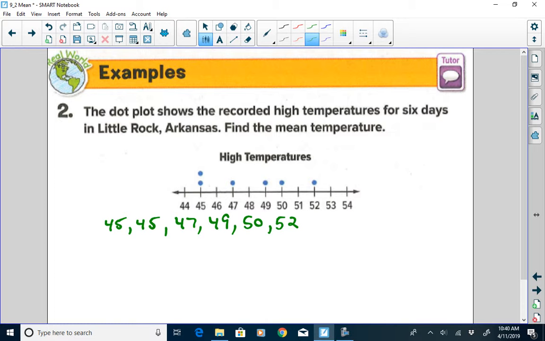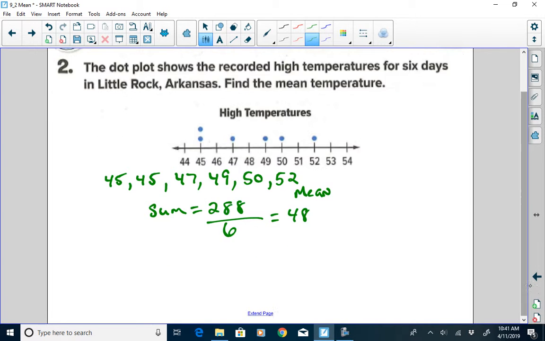So I have to first find the sum of those 6 temperatures. We start with 45, add 45, plus 47, plus 49, plus 50, plus 52. We get a sum of 288. We're dividing that by 6 to find the mean because there are 6 temperatures, and we get a mean temperature of 48.